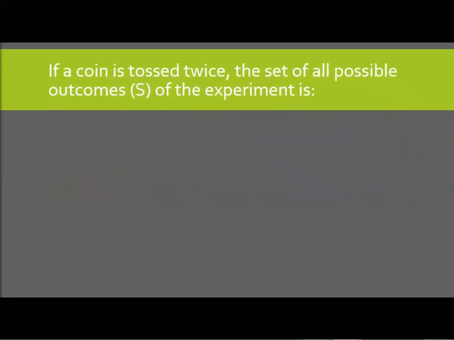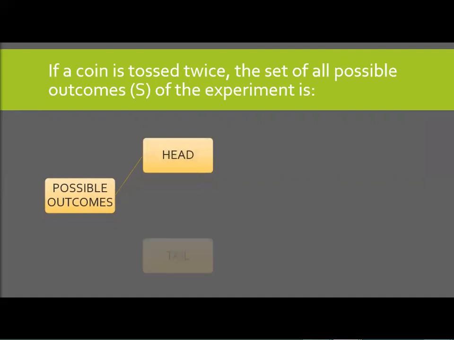Say, for example, a coin is tossed twice. What is the set of all possible outcomes of the experiment? You have two coins. Remember, if you only have one coin, the outcomes are just head or tail. But what about two?